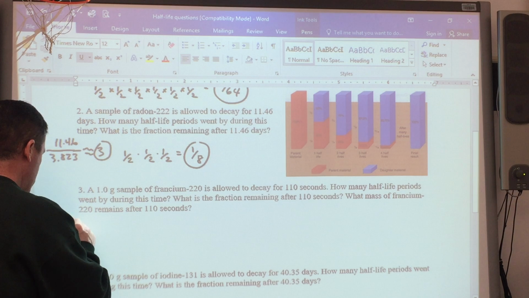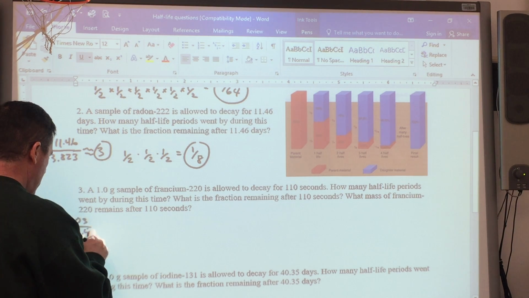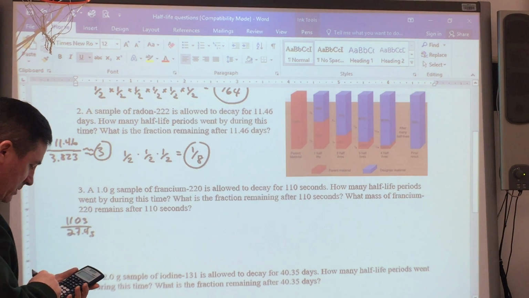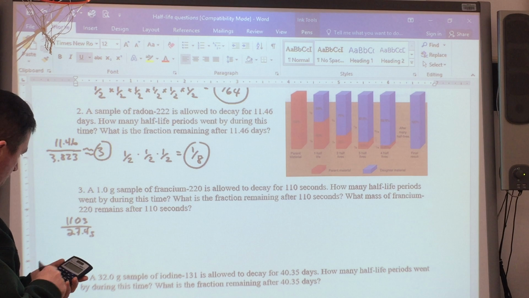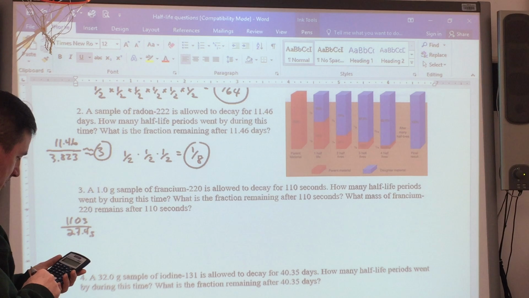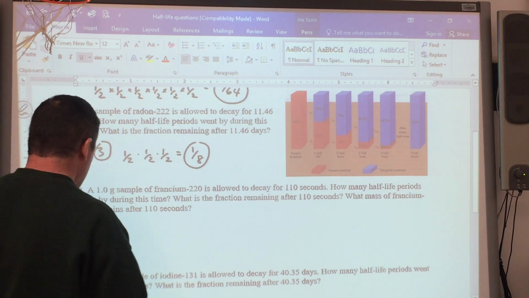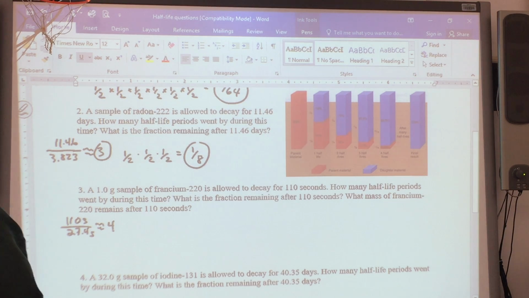So 110 seconds over 27.4 seconds. It's going to be about 4, I'm going to guess. 110 divided by 27.4 is 4. Good guess. So 4 half-lives.